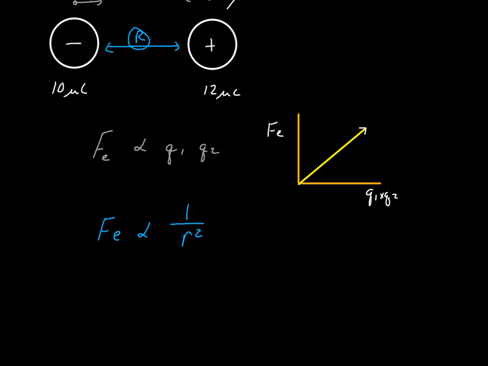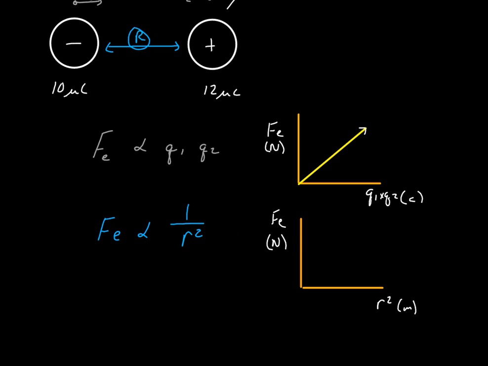So let's draw the relationship, a similar graphic here. Now we want to relate the distance between the two charges to the amount of force between them. Call that in meters, and units here is coulombs, and of course units here is newtons.